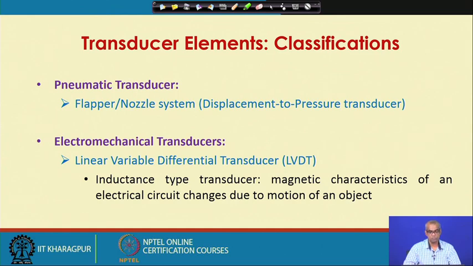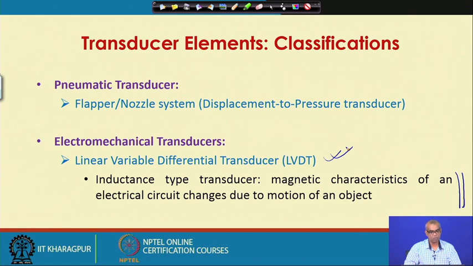Electromechanical transducers, we will talk about linear variable differential transformer or transducer, an inductance type transducer.